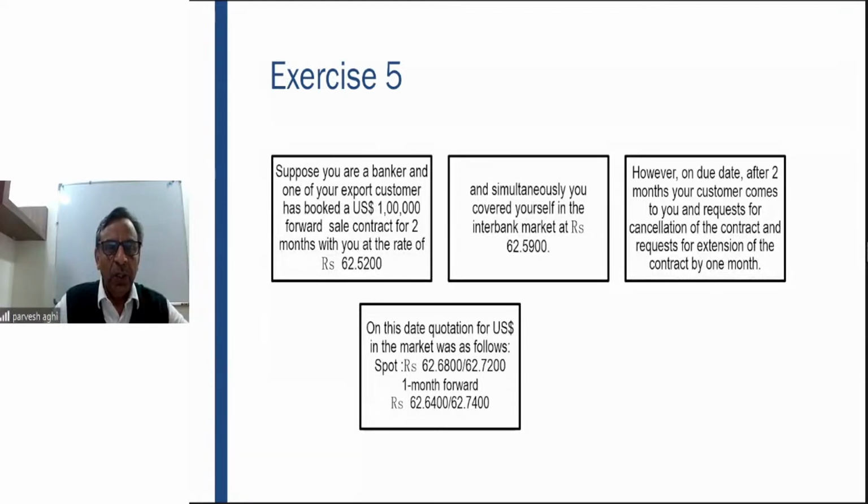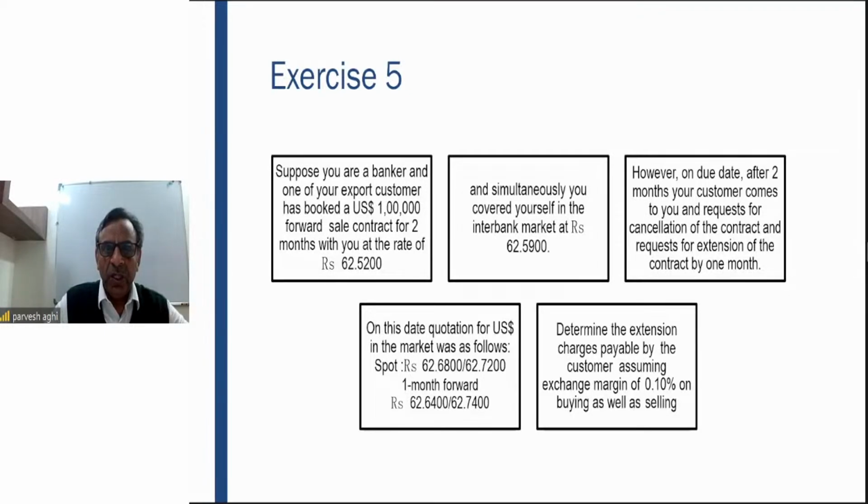On this date, the spot quotation for US dollar is given as 62.68 and 62.72, and a 1 month forward rate is also given, at which you need to sell your dollars. The rate perhaps will be 62.64, which will become applicable to you.